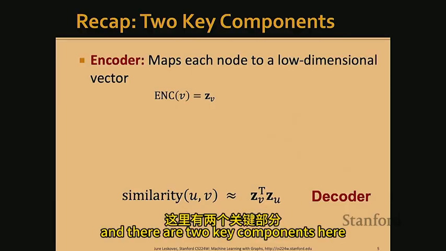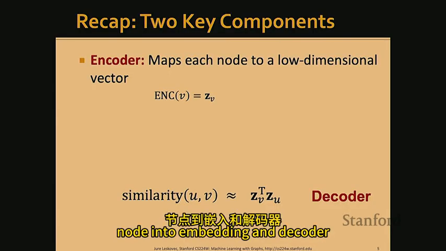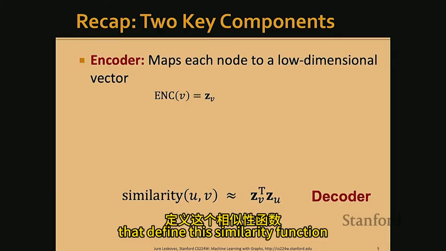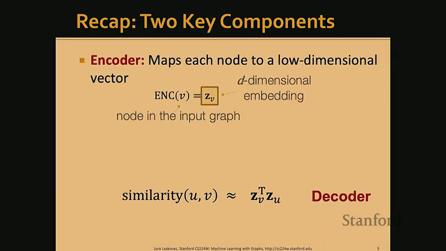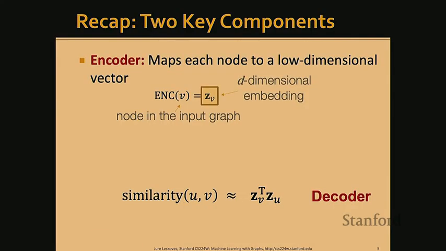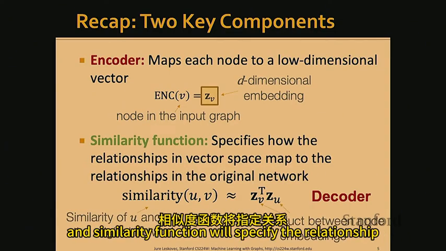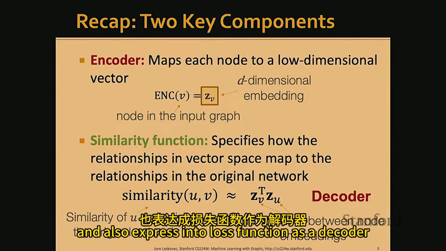There are 2 key components here: the encoder that maps the node into an embedding, and the decoder that defines this similarity function. The encoder function takes the node as input and generates an embedding in the d-dimensional space. The similarity function specifies the relationship in the network and is also expressed as a loss function, as a decoder.